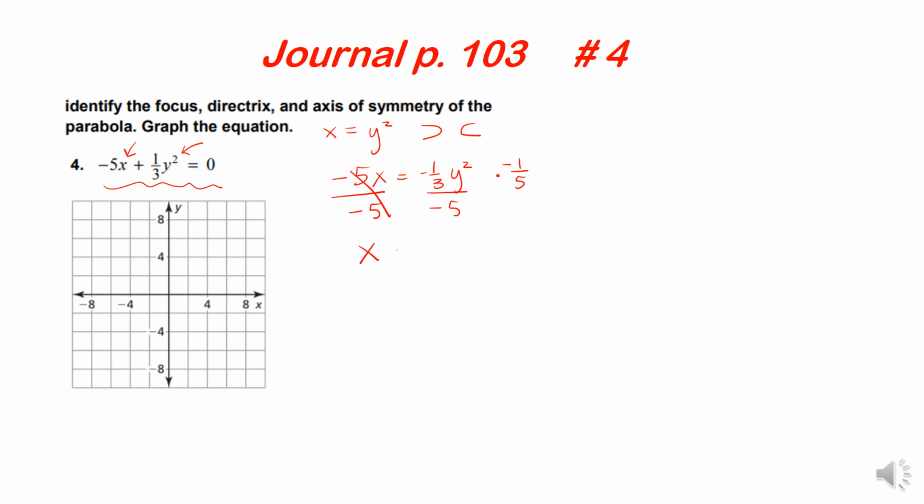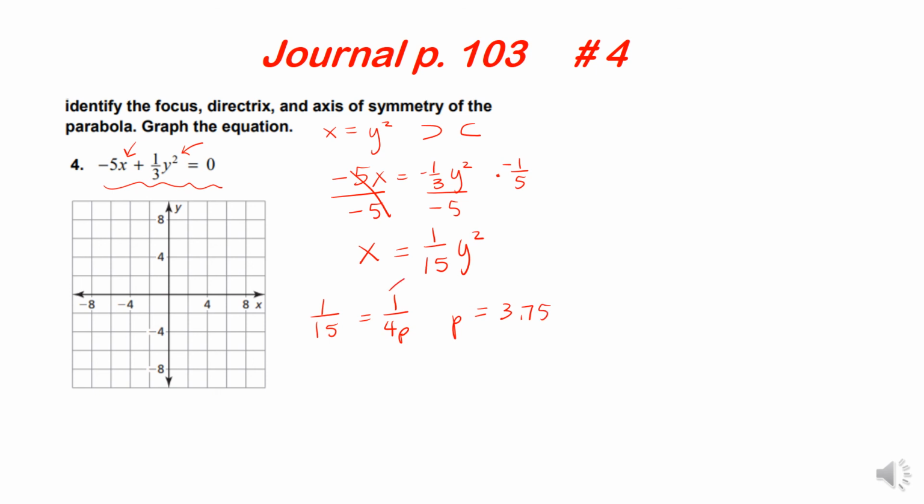And we're going to get x equals positive 1/15 y squared. So that doesn't give us everything that we need, so we're going to keep going. I know that 1 over 15 is my 1 over 4p. So I divide 15 by 4, and I get p equals 3.75.